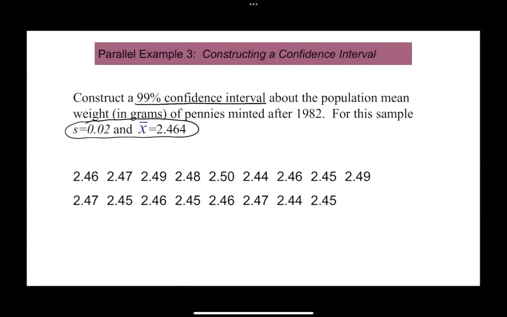Thankfully, I'm not making you calculate this. You will, however, in your homework, and I'm going to show you how to do it. You're going to need to put the data into L1 in your calculator and do some calculations, because some questions will give you a mean and standard deviation and some will give you data. So we'll go over it again so we can practice that.